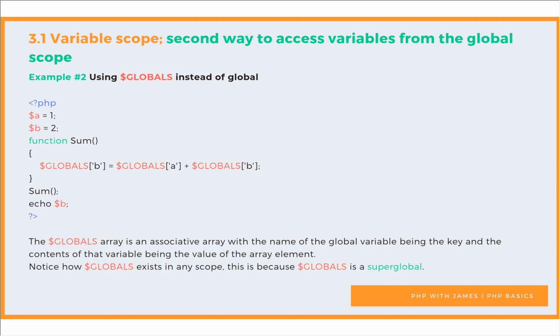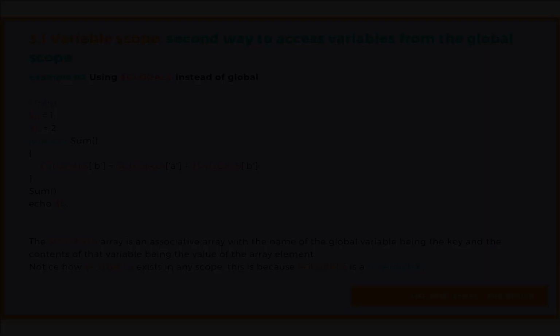We have $a = 1, $b = 2, then function sum, $GLOBALS['b'] = $GLOBALS['a'] + $GLOBALS['b'], sum and echo b. The $GLOBALS array is an associative array with the name of the global variable being the key and the contents of the variable being the value of the array element. Notice how $GLOBALS exists in any scope. This is because $GLOBALS is a superglobal, so we can access it anywhere.